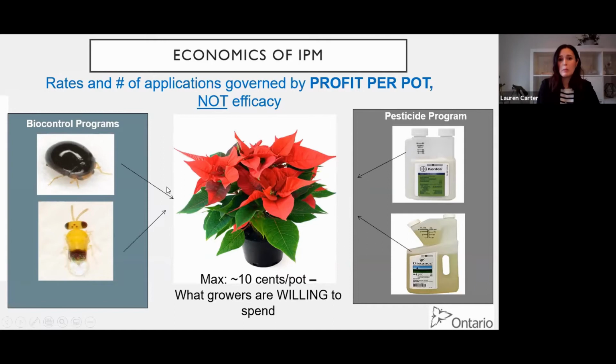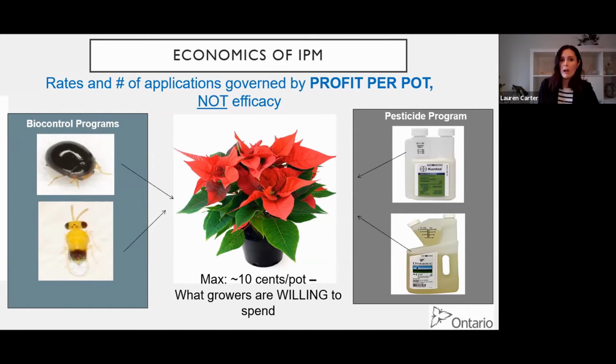So this is an example we have from poinsettia crops, and we work with poinsettia growers a lot on their IPM programs. And basically what it comes down to is growers are willing to spend a maximum of 10 cents per pot on their pest management programs, whatever that is. And so if we can't get it to work below that, then it's not worth doing.